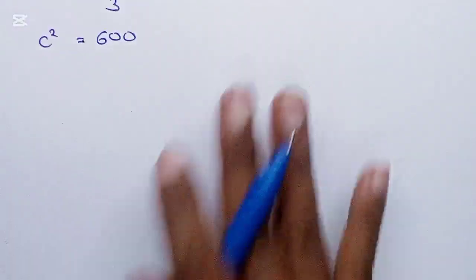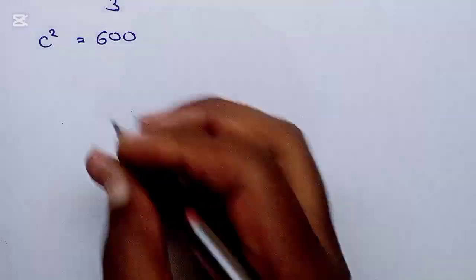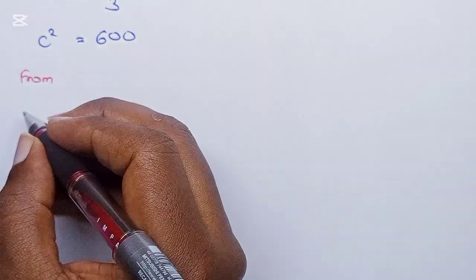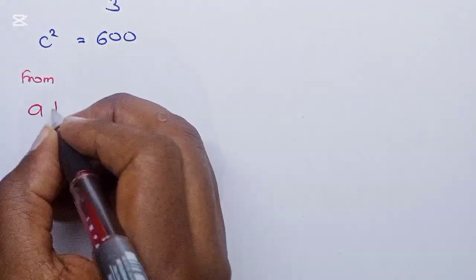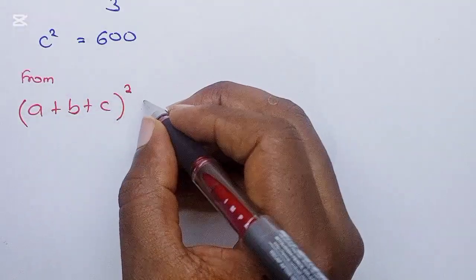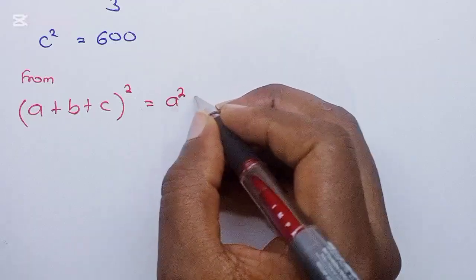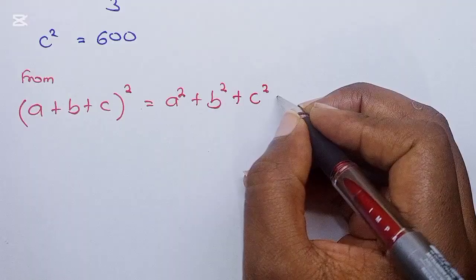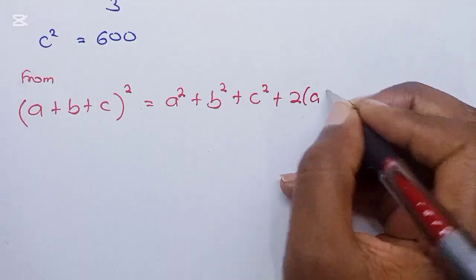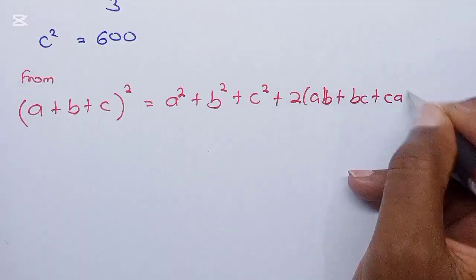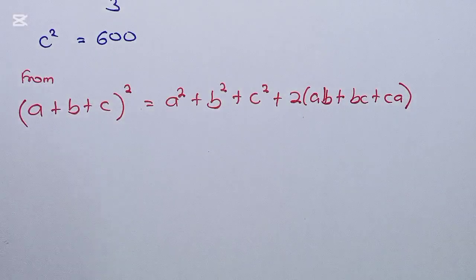Now, we know that A plus B plus C all squared is equal to A squared plus B squared plus C squared plus 2 into AB plus BC plus CA. Okay?